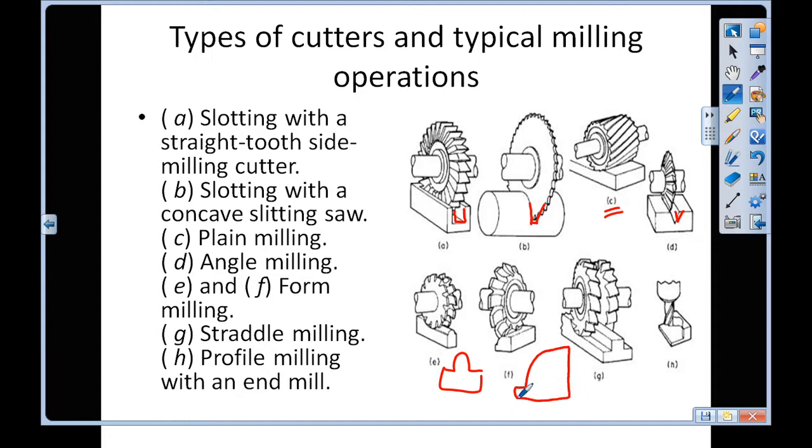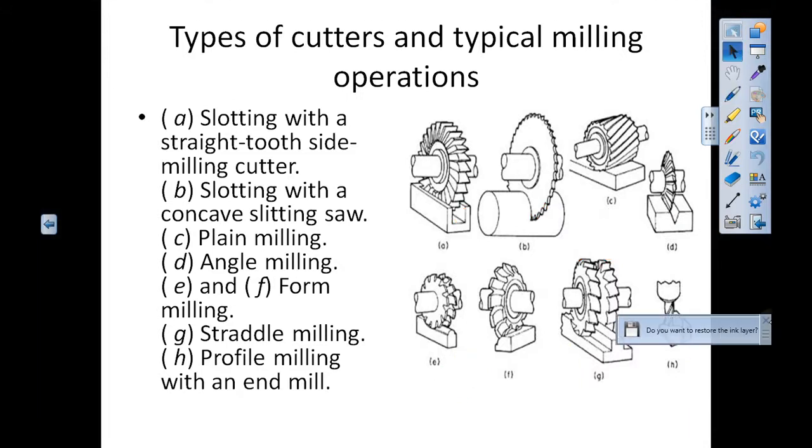This is the cross sectional view of the workpieces, and this one is commonly used straddle milling. Here are cutter number 1 and cutter number 2 on the same shaft working in parallel, and this one is profile cutting. So this slide shows the basic operations and the types of milling cutters.